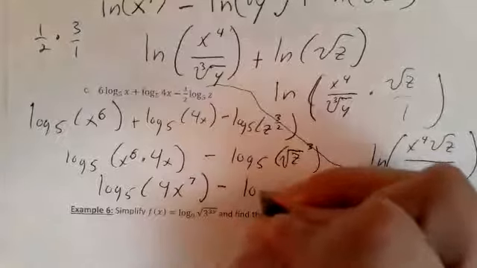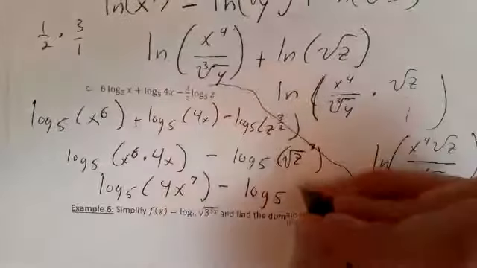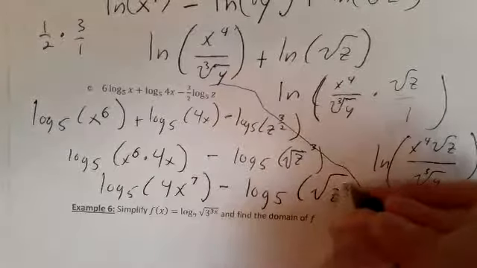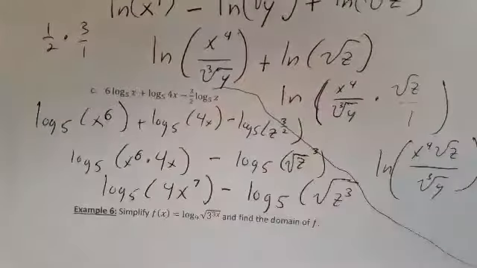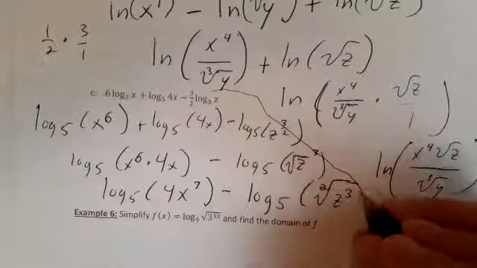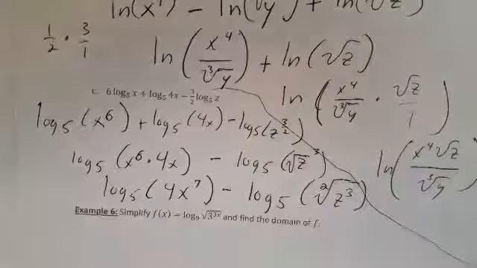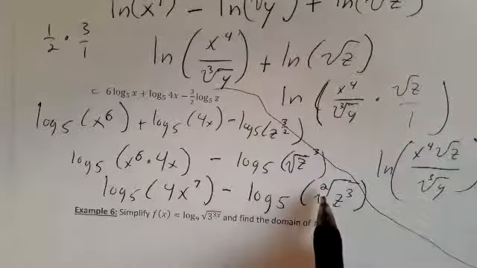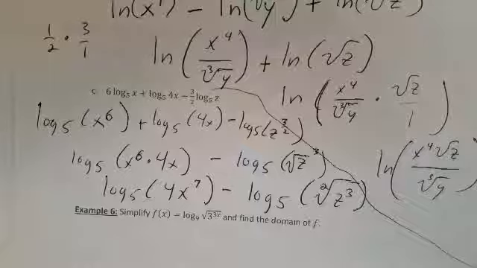Typically, I'm probably going to write it inside the square root. And maybe I'll throw in that too, just so you can look back at it. This is the 3 over the 2. So the radical actually gives you a denominator in your exponent.